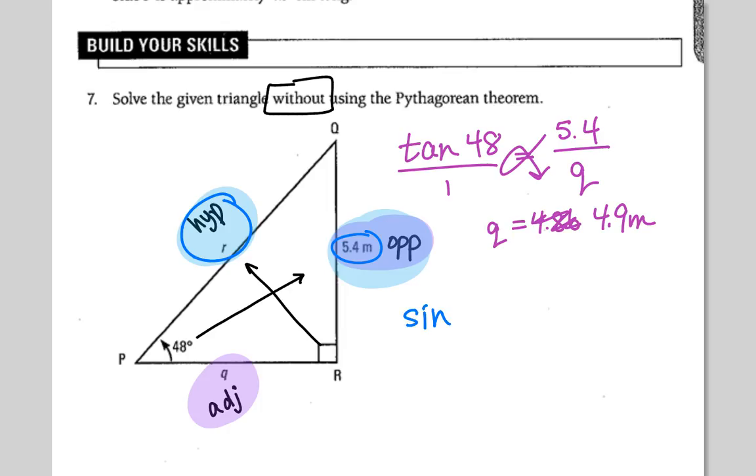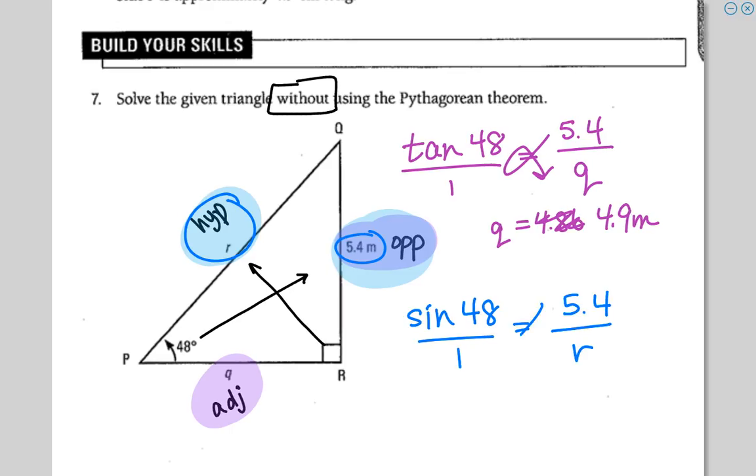So I'll need to use sine of 48 over 1 equals the op, 5.4, divided by the hyp, which is R. Cross multiply like this. 5.4 times 1 divided by sine 48. R is 7.3 meters. So now I have all the sides. Check. And now I need all the angles.